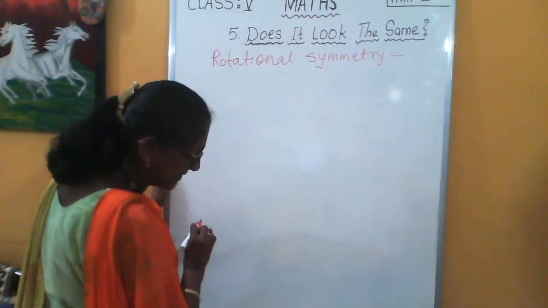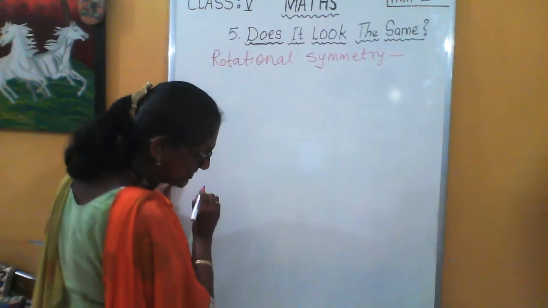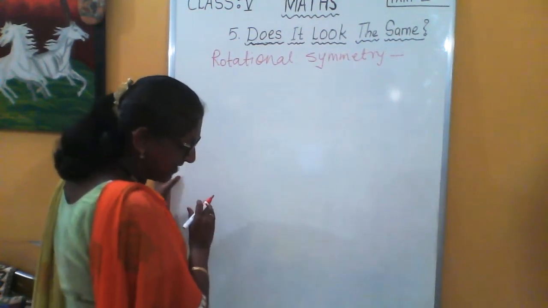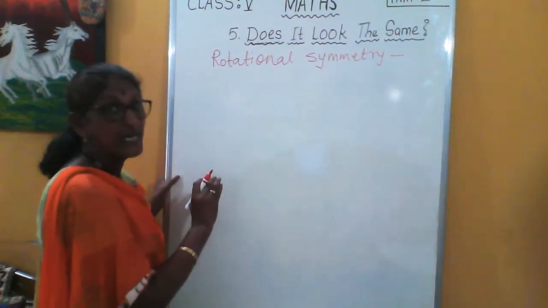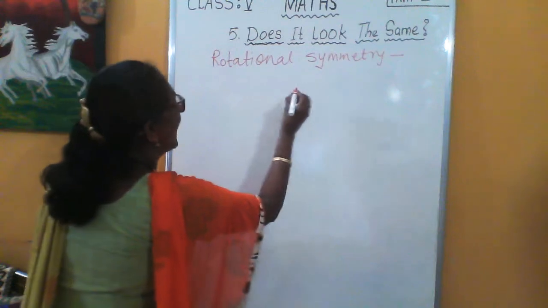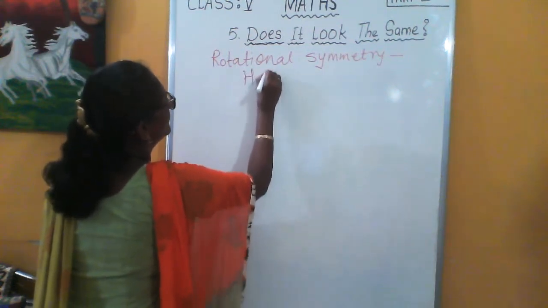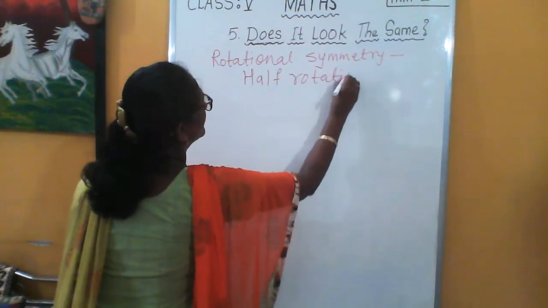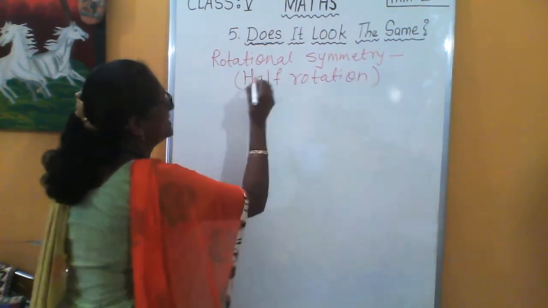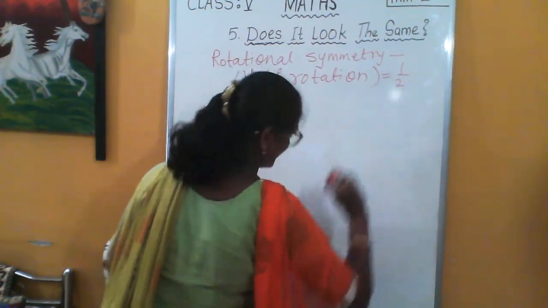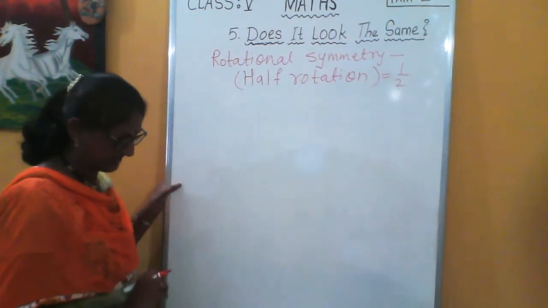An object is said to have rotational symmetry if it looks the same after a full or partial turn. So today we will see half rotation, which is also represented as 1/2 rotation.